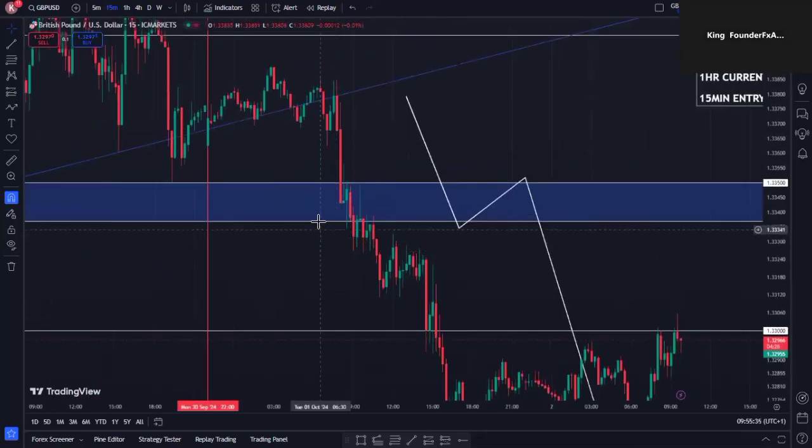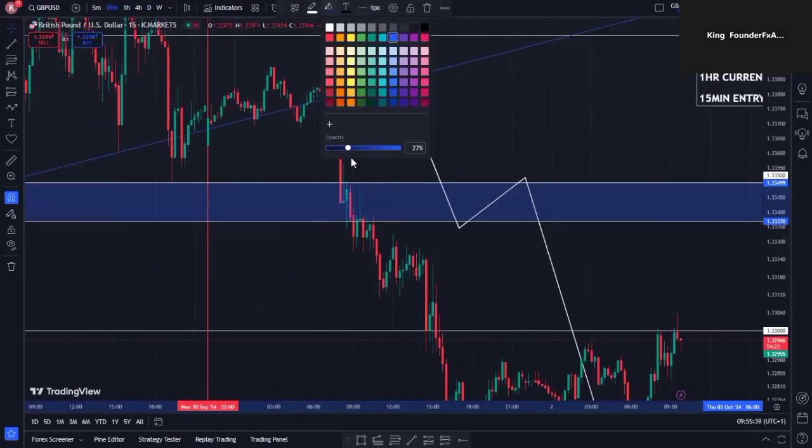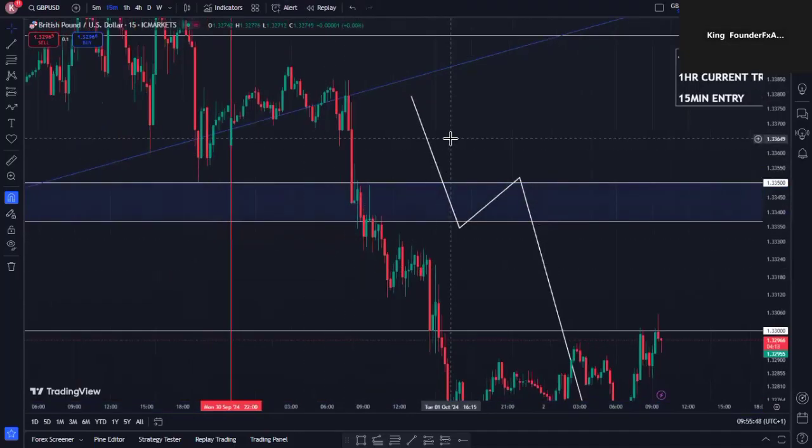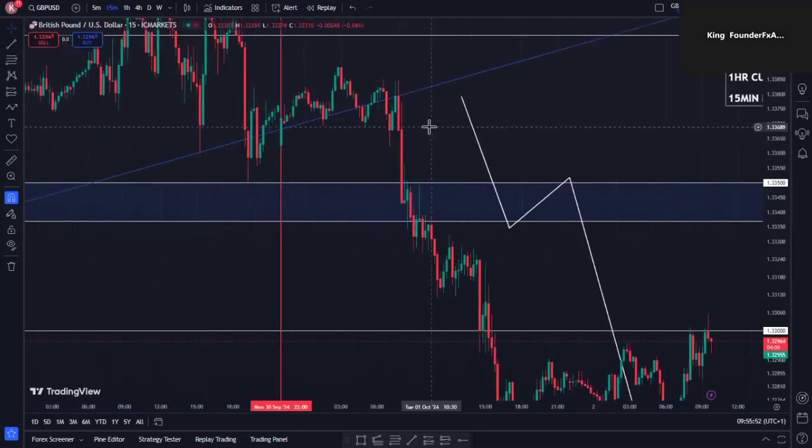Let me make this lighter so that you can clearly see. And again, I have a rule for my pullback, and that rule is there must be more than one opposite candle on the pullback.